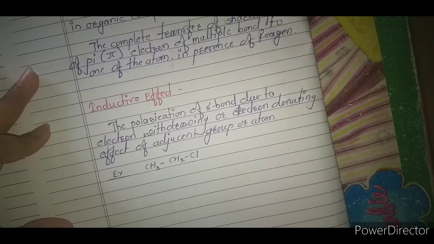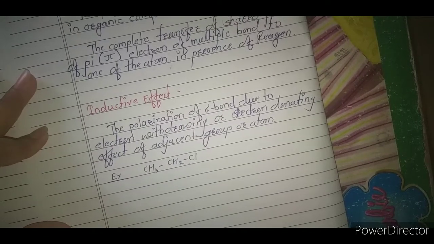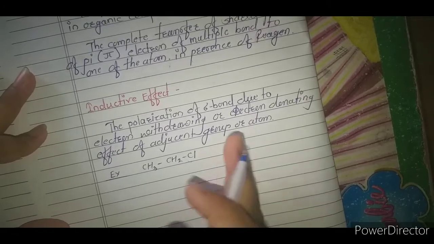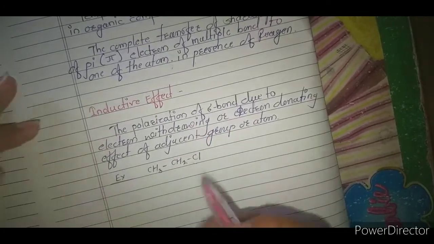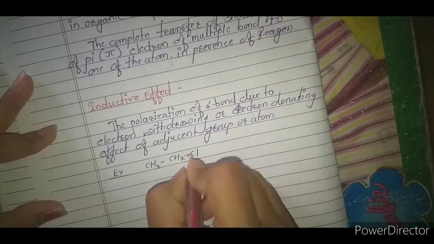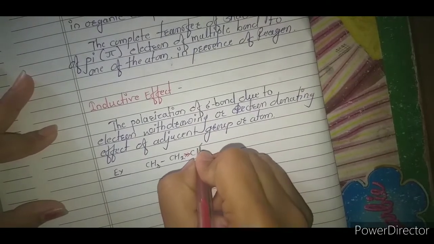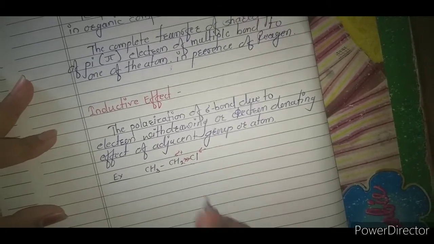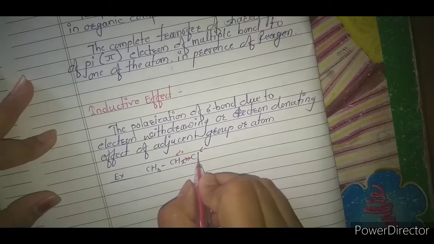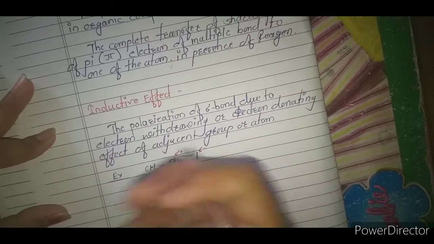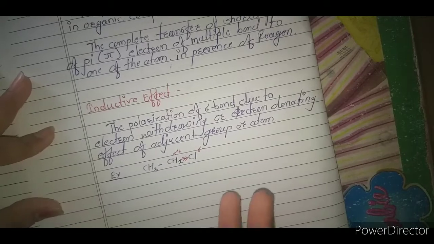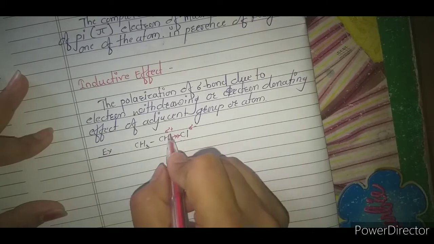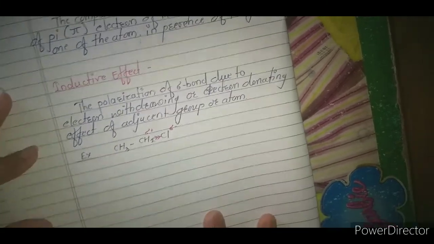That's why the sigma electrons are displaced towards the chlorine atom, and chlorine carries a partial negative charge, and carbon carries a partial positive charge, because chlorine pulls electrons towards itself.